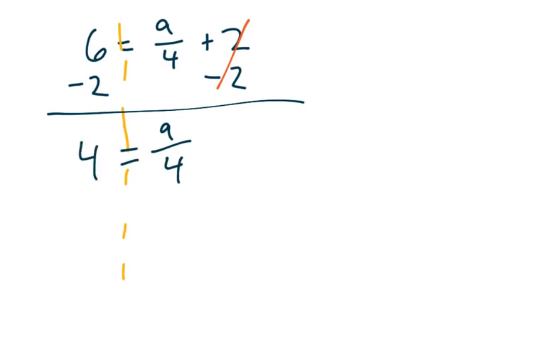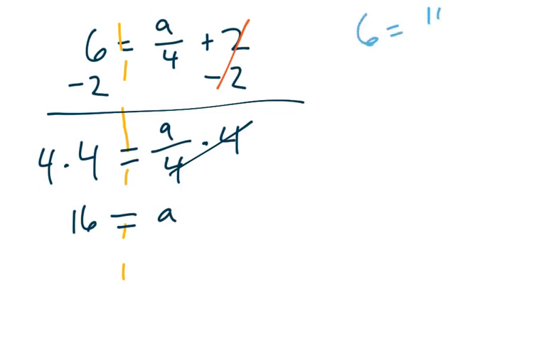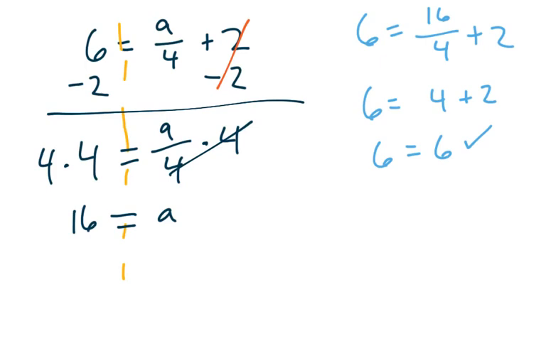So now we're dividing by 4, so the inverse is multiplying by 4, both sides. And we get a by itself now, which is our goal. And we get 16, so we think it's 16. Let's check our work real quick. 6 equals 16 divided by 4 plus 2. So 6 equals, that's 4 plus 2. 6 equals 6. Yep, that works.